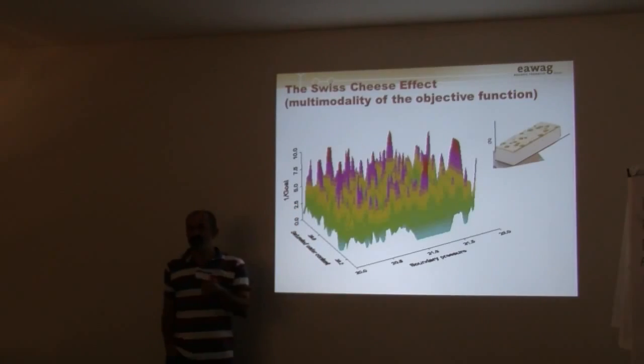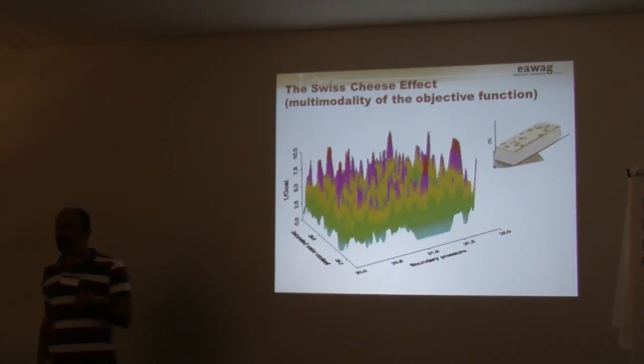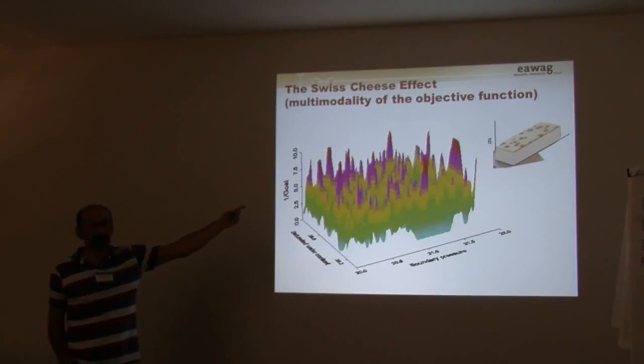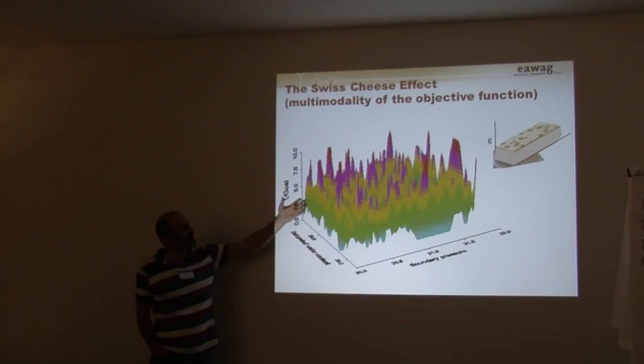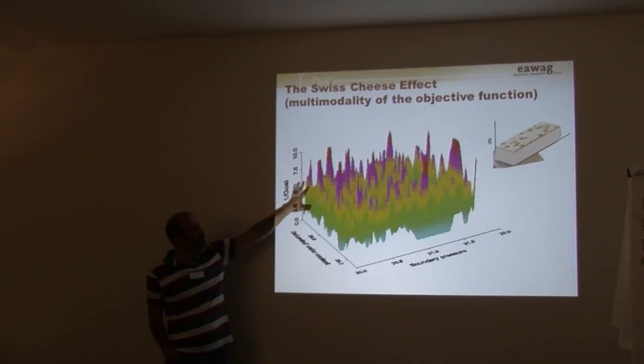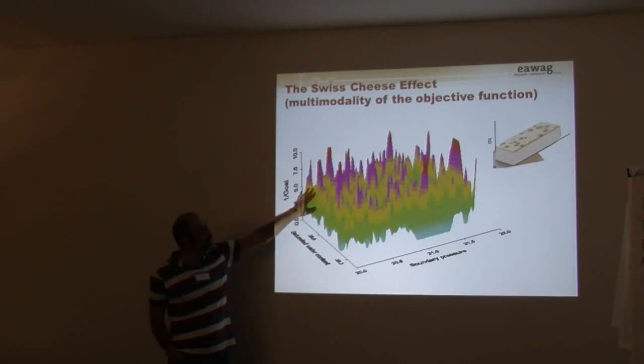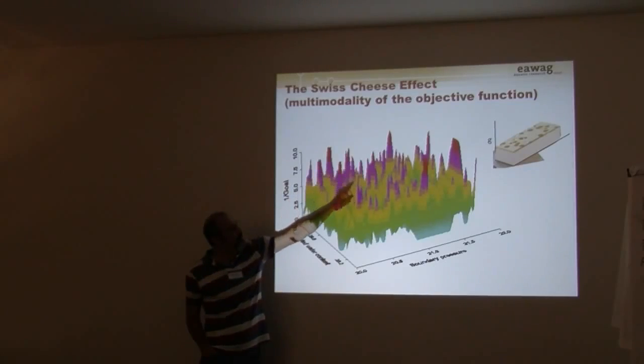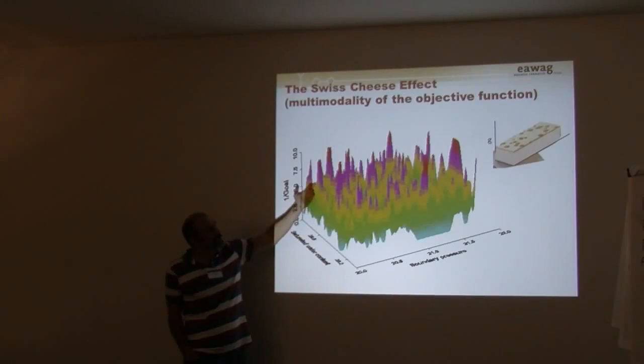If you use different objective functions, different programs, different algorithms, and I'll show you different algorithms, they each converge to one of these peaks. They all find a good solution because that's the way it is. That's the surface of the objective function. It's peaky like this, and every program, every methodology converges to one of these peaks. And that's the solution.